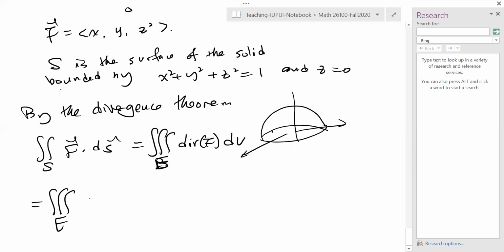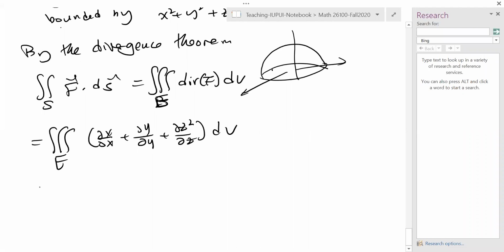The divergence here is the partial derivative of x with respect to x, partial derivative of y with respect to y, and partial derivative of z squared with respect to z. Well, it is going to be 2 plus 2z dV.